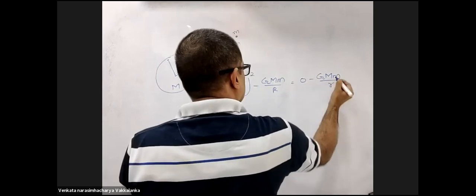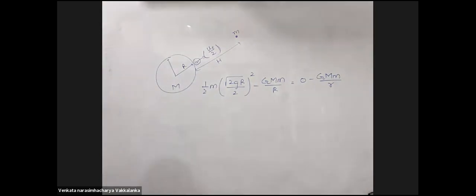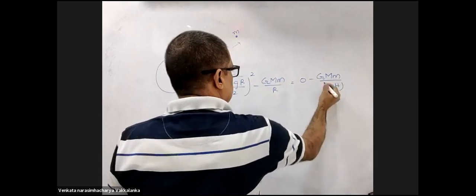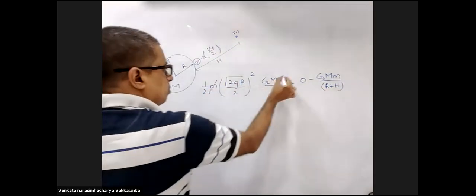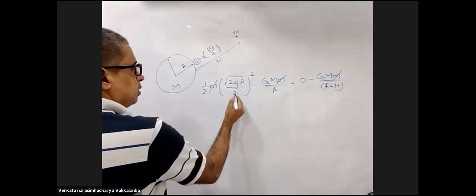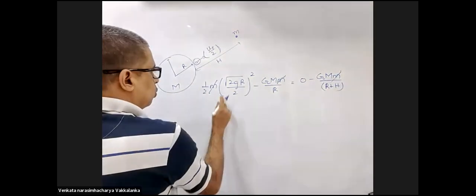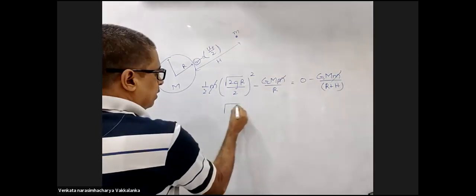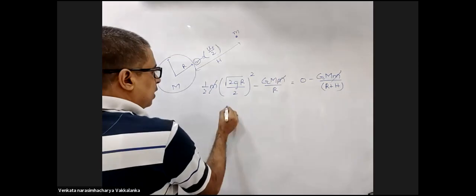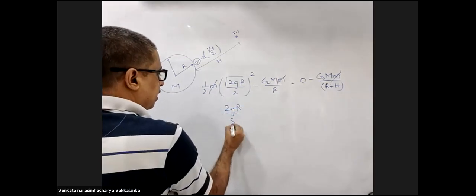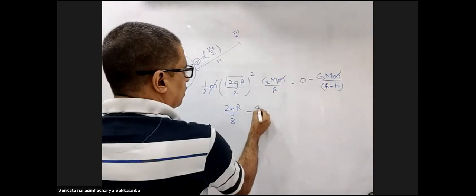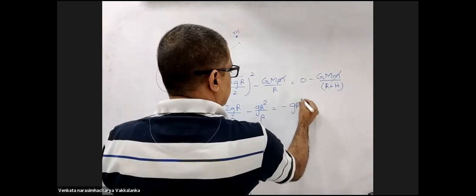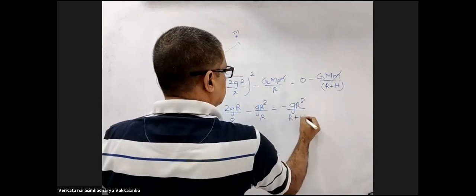You need to calculate h. Small m gets cancelled out. This is 4 and 2, this will be 8. Root over squared will go, 2gR by 8 minus gR squared by R, minus gR squared by R plus.